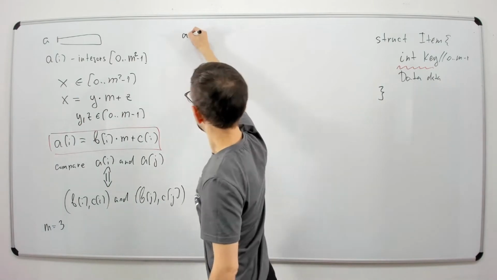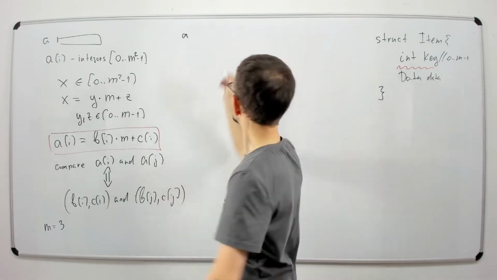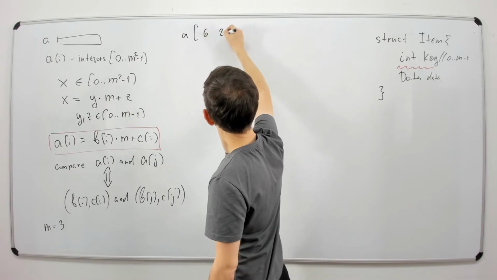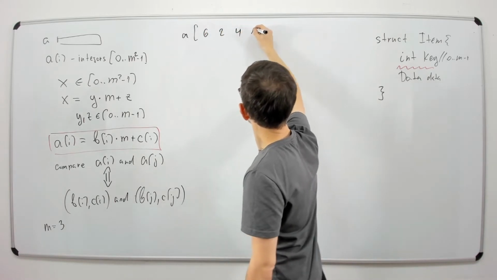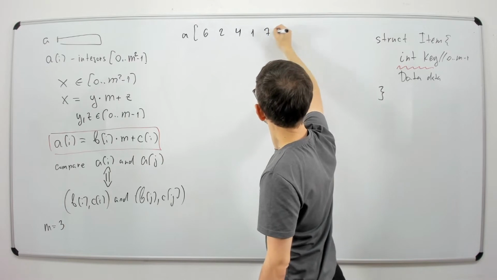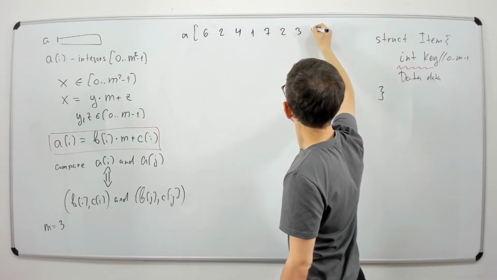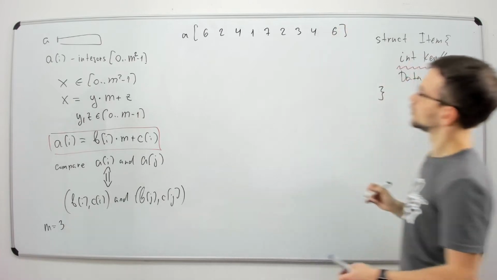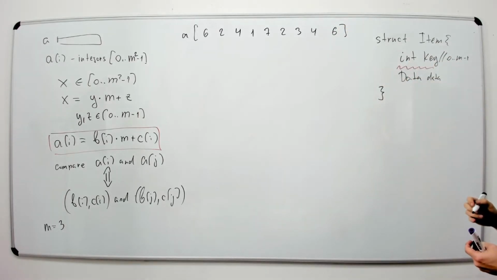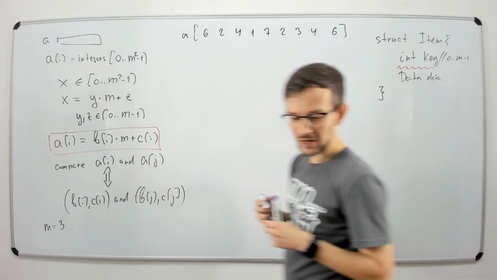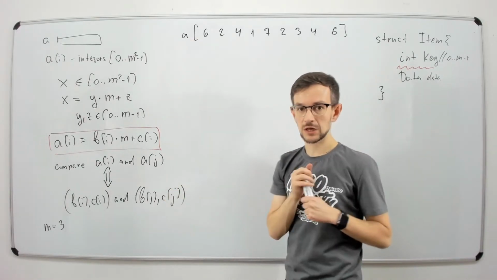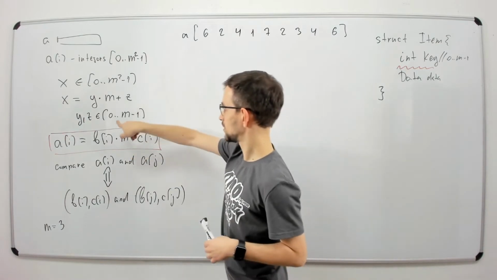And we have array A of elements up to 8. Let's have something like 6, 2, 4, 1, 7, 2, 3, 4, 8. Good enough. So we take each number from this list and split it using this technique.